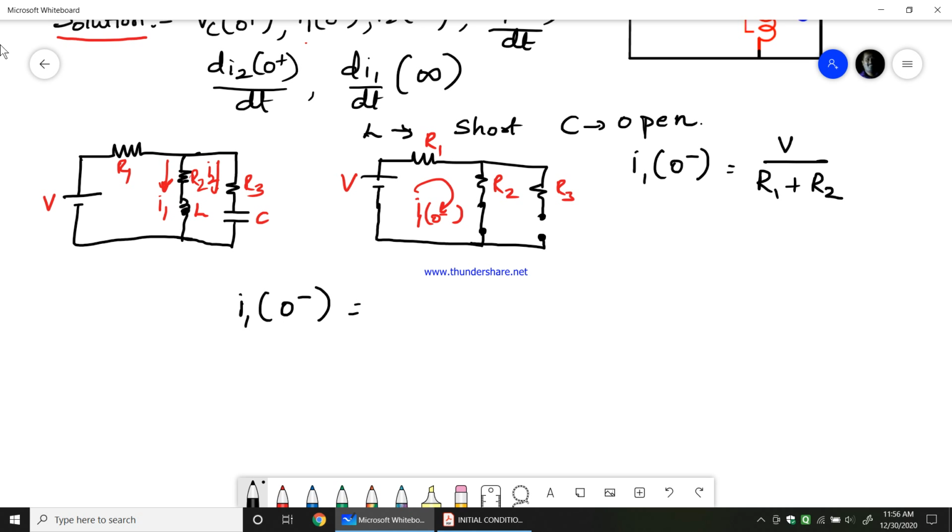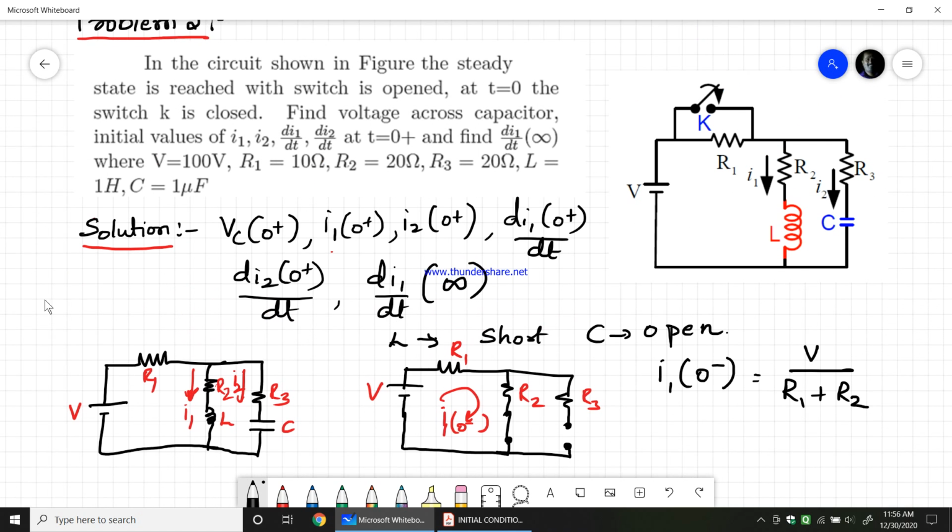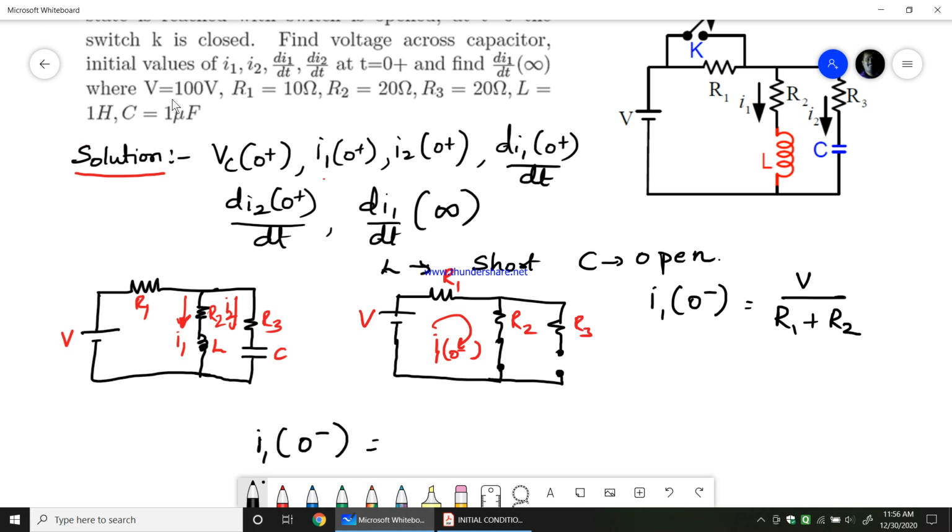In the question it is given V value, R1, R2 value. So V is given as 100 volts, R1 10 ohms, R2 20 ohms, R3 20 ohms, L is given as 1 Henry and C is 1 microfarad. Therefore I1 of 0 minus would be equal to 100 divided by R1 plus R2, which is 10 plus 20, so 100 by 30.